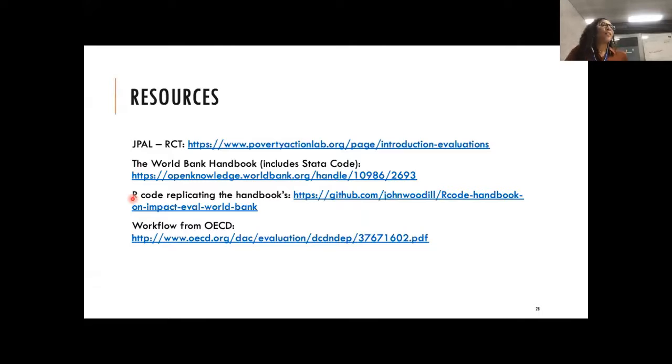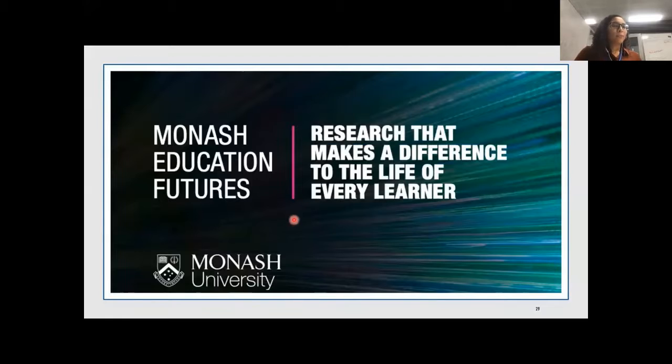There's someone who did the job of translating the code that is provided in that handbook to R. And there is also a very useful workflow that tells you what kind of method you should use in your specific circumstances by the OECD. And those are linked there. And that will be it from me.